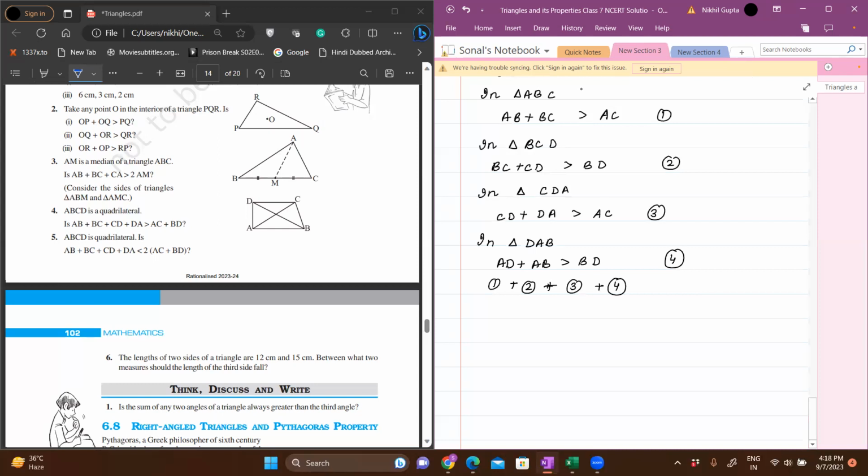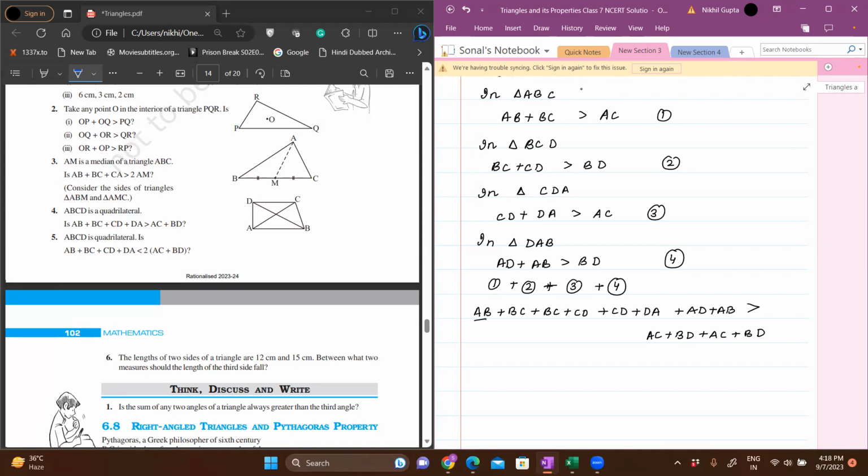So what we'll get, we'll just add left hand side to left hand side: AB plus BC plus BC plus CD plus CD plus DA plus AD plus AB is greater than AC plus BD plus AC plus BD.